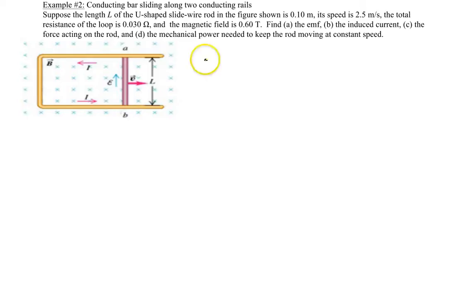So let's start off by solving part A. This, hopefully you will recognize, is a motional EMF problem. To calculate the EMF in such a situation, you would use the following equation, BLV. The magnetic field B is given in this problem. I believe it's 0.6 teslas.